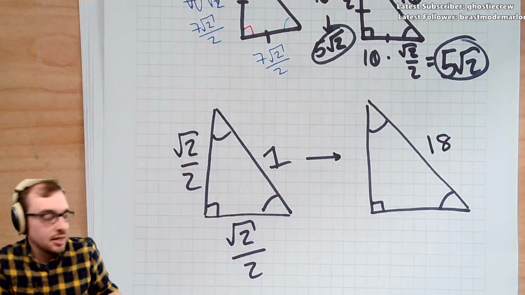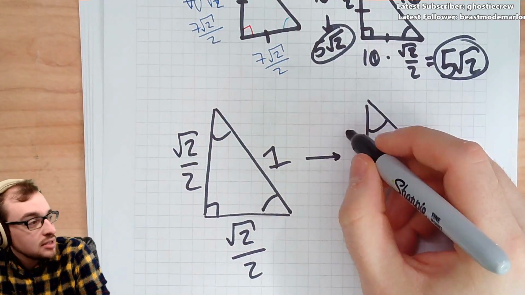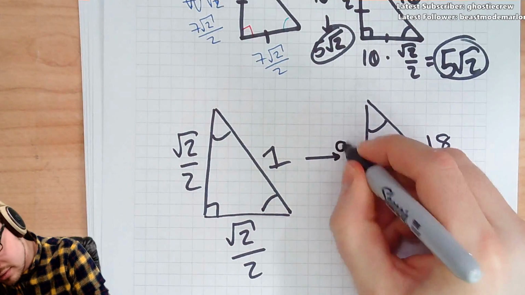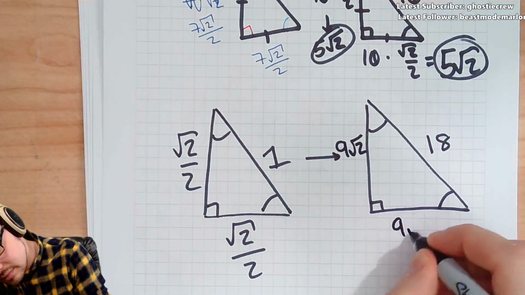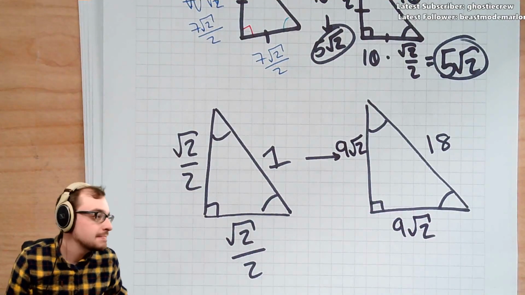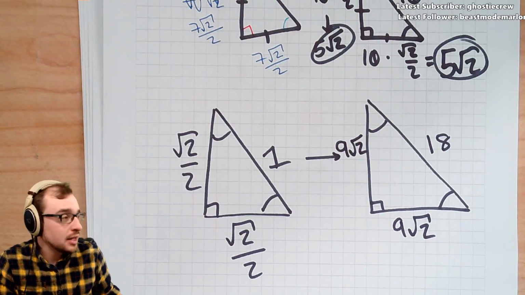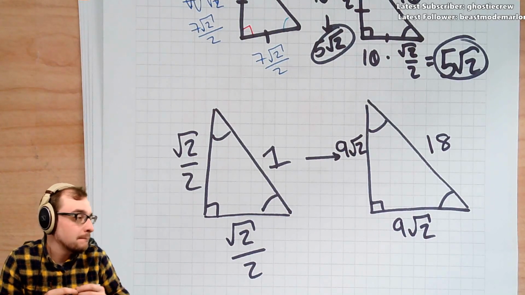I multiply by 18 to get there. So our answer is going to be 18 times root 2 divided by 2. Well, that's 9 root 2, because 18 divided by 2 is 9, times root 2 is 9 root 2. Now, you got to check sometimes to see if these need to simplify, but for the most part, that's going to be it.